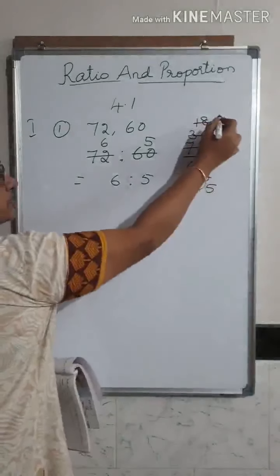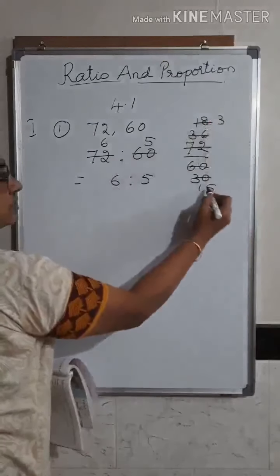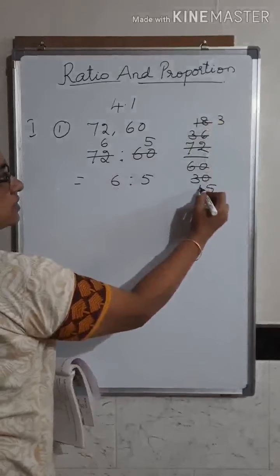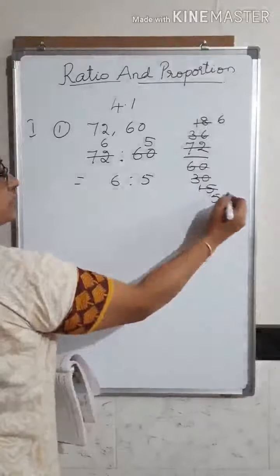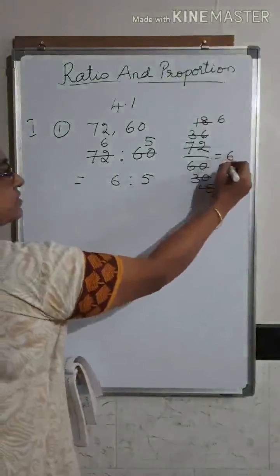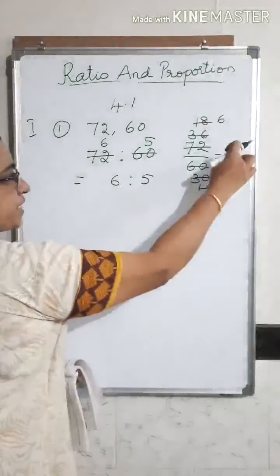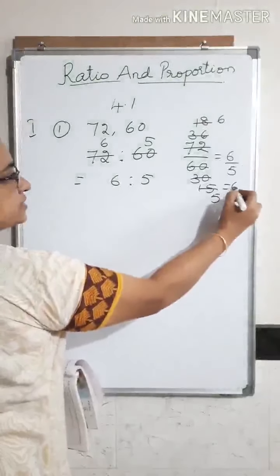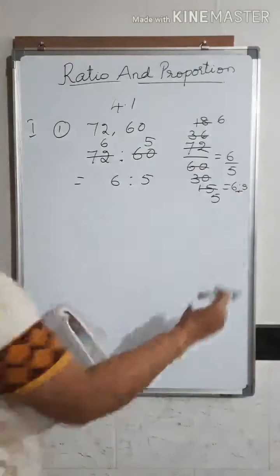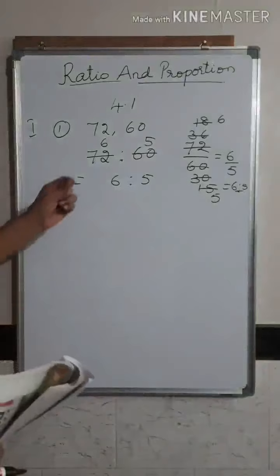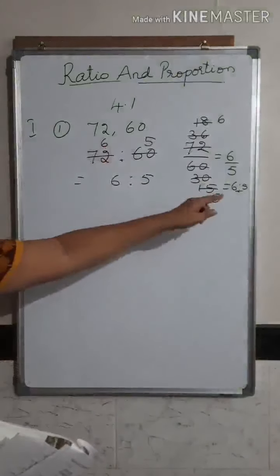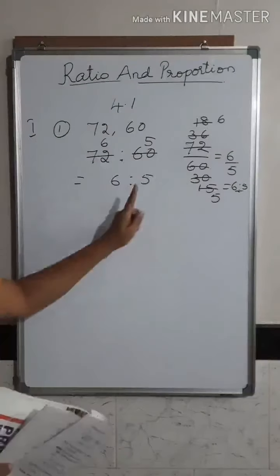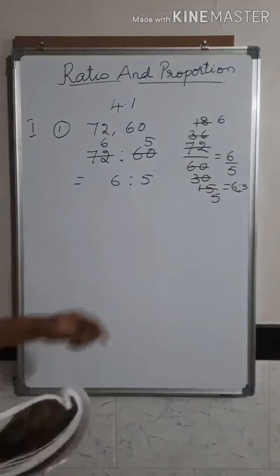Again cancel it by 3: 3 6s are 18, 3 5s are 15. So you will get the answer as 6 upon 5. In the fraction form, this can be written as 6 is to 5, which is in the ratio form. So if you do not know directly by what number you can cancel it, do the division like this, and whatever fraction you have got here, write it in the form of a ratio.